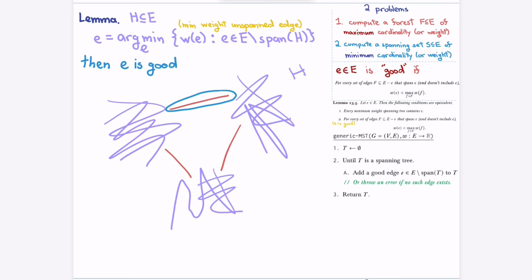Let me give an example. Let's say that you have some path connecting the endpoints. That'll be some set F that spans our edge E, and I want to argue that there's some edge in this yellow set with weight greater than E.